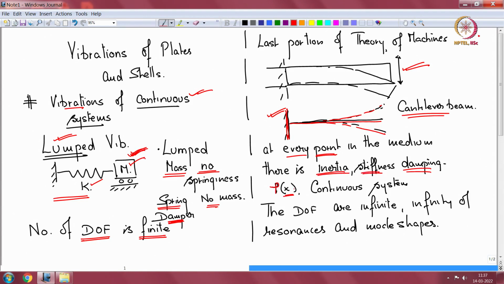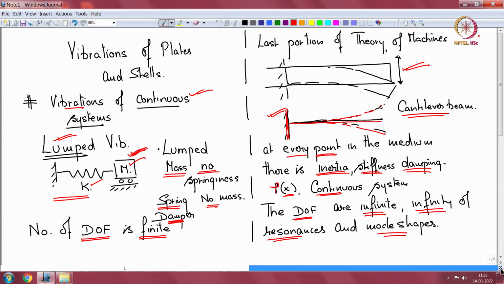It is not that I have lumped the mass at one point, the stiffness at another point, and so forth. No. So such systems are continuous systems. And what is the result of that? The result of this is that the number of degrees of freedom are infinite. So you have an infinity of resonances and mode shapes. That is what you have to deal with.